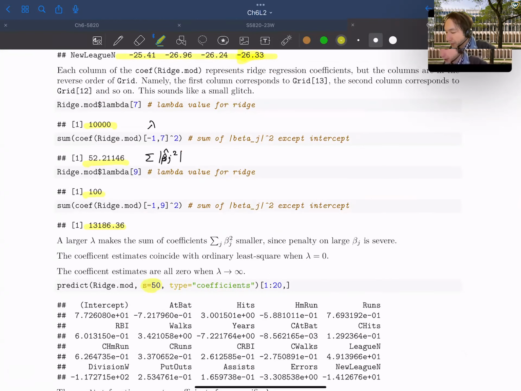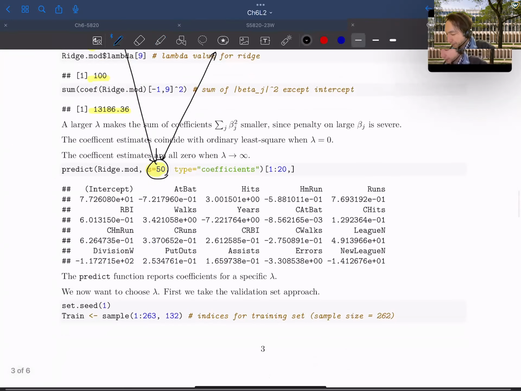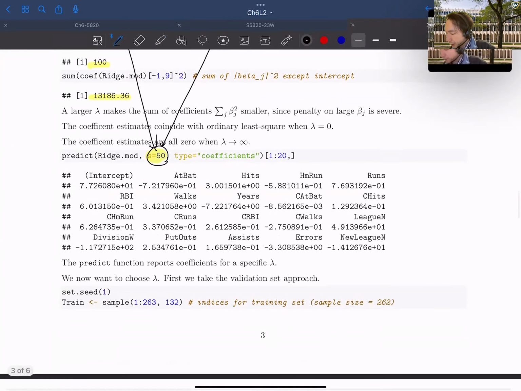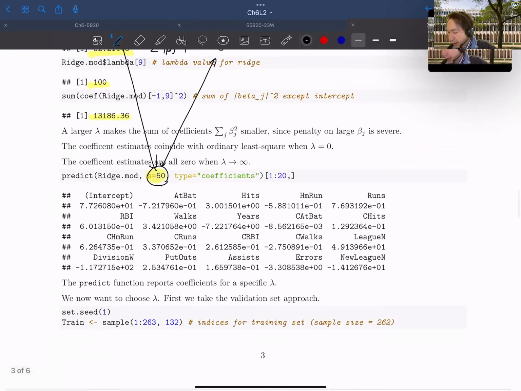So we give lambda equal to 10,000, then we get this value equal to 52, and this is s. So s equal to 50 almost corresponds to lambda equal to 10,000. So we get estimates given s here again.